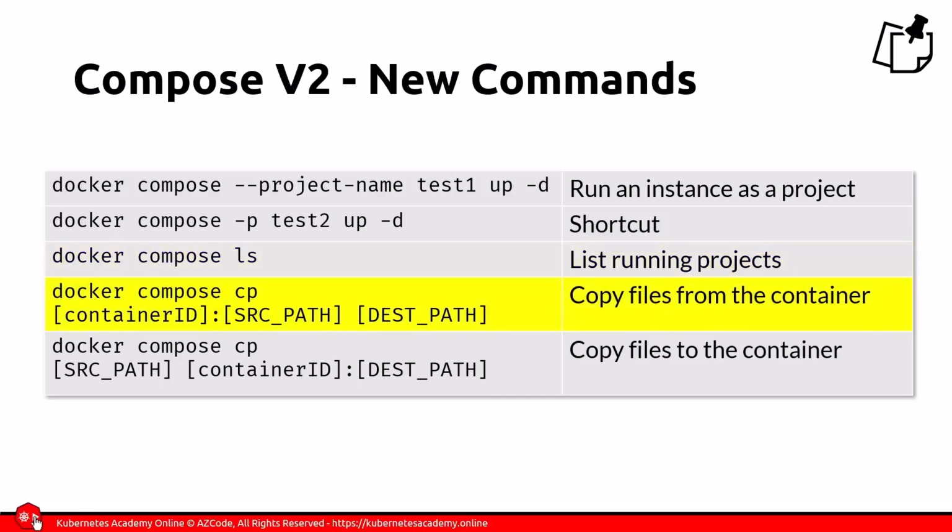CP will allow you to copy files from the containers. So this is super handy to retrieve, let's say, log files. And you can copy files to the container, so from your machine, your desktop or laptop, to the container by using docker compose cp, the source path, the container ID, and the destination path.